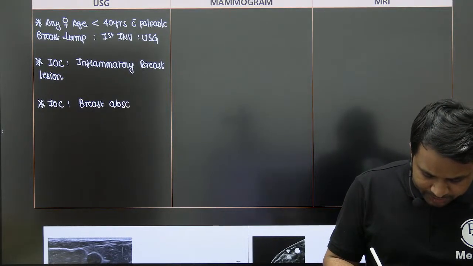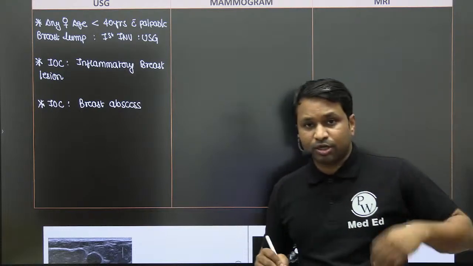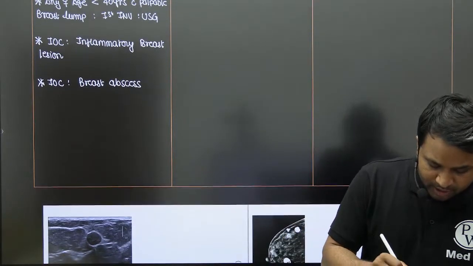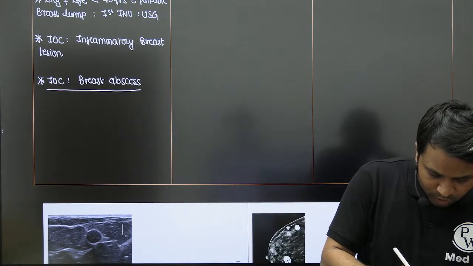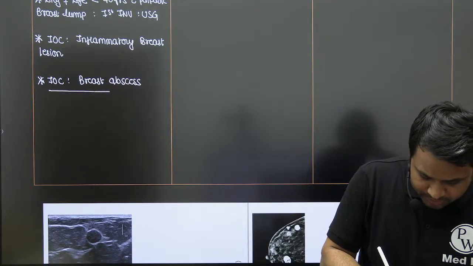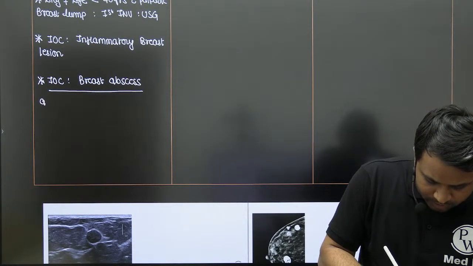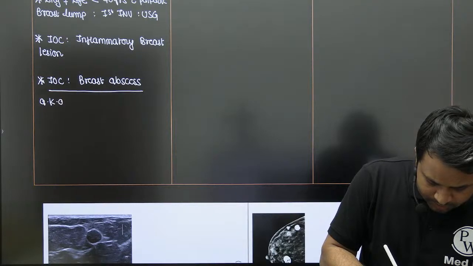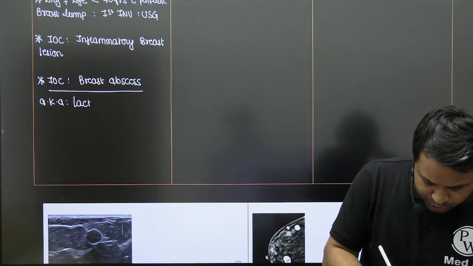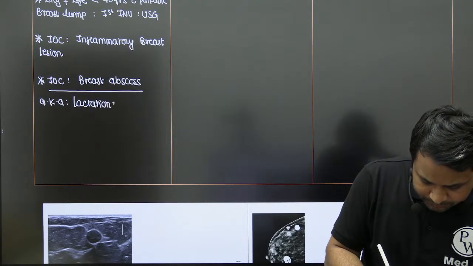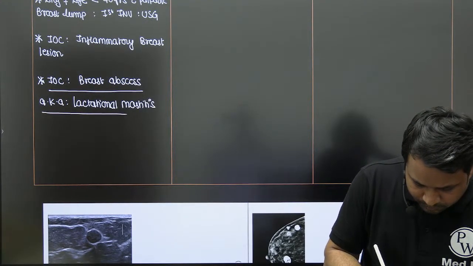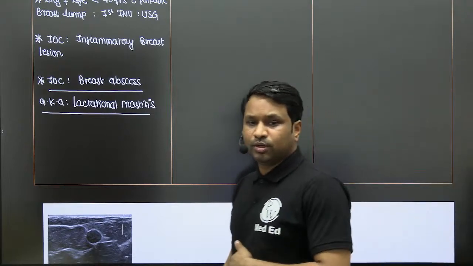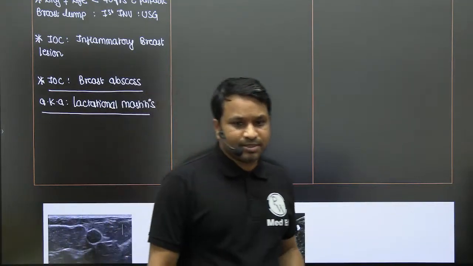I'm writing it separately because, although breast abscess is also an inflammatory disorder, I want to give you an objective corrector: it is also the investigation of choice for breast abscess, which is also called lactational mastitis.